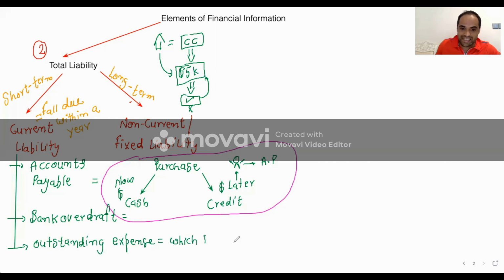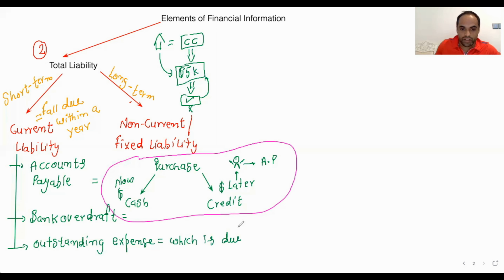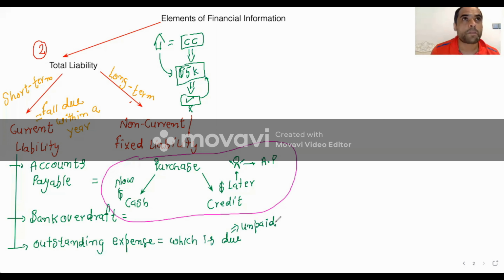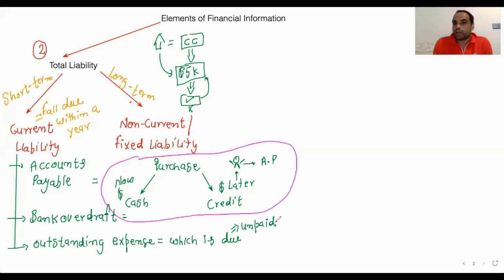Outstanding expense means expense which is due. What does due mean? Due means unpaid. You haven't paid it. For example, you prepare your financial accounts weekly, every week, Monday to Sunday, right? And you pay your house rent, or any rent, weekly.